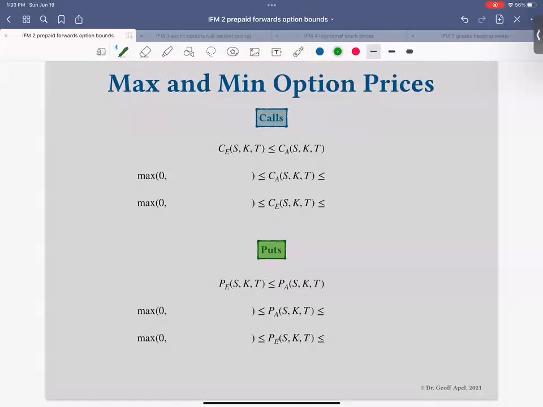So the first one here is the max and min option bounds. First of all, we always know that a European will cost less than or equal to an American, for puts and calls. And does anybody have a good reason for why that's the case?